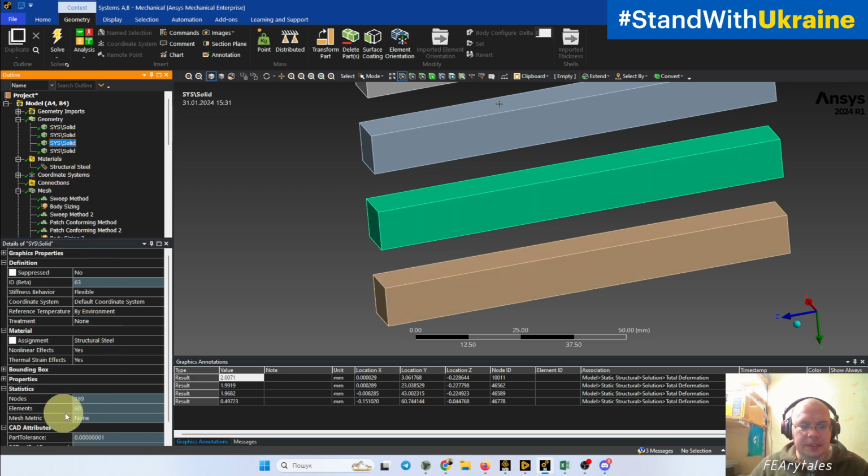Quadratic has 60 elements and almost 200 nodes. It's 2.5 times more. And this one has 44 nodes. This 46. And only 10 elements, not 72.